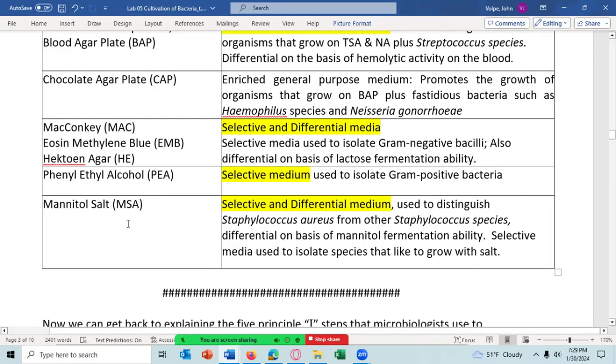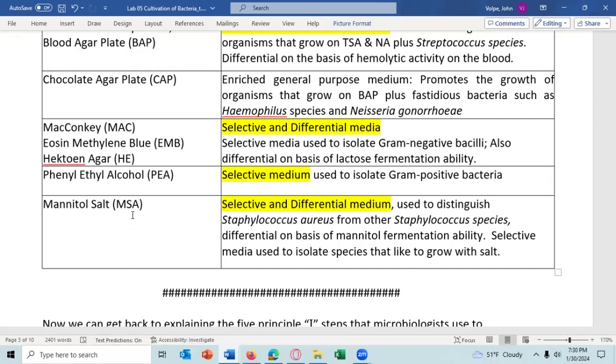And lastly, we have selective and differential media. It's a little different than the selective and differential above. It's mannitol salt agar, or MSA. This one is selective in that only organisms that like 7% sodium chloride or higher can grow on the plate. And that's because the plate has 7.5% sodium chloride in the media of the plate.